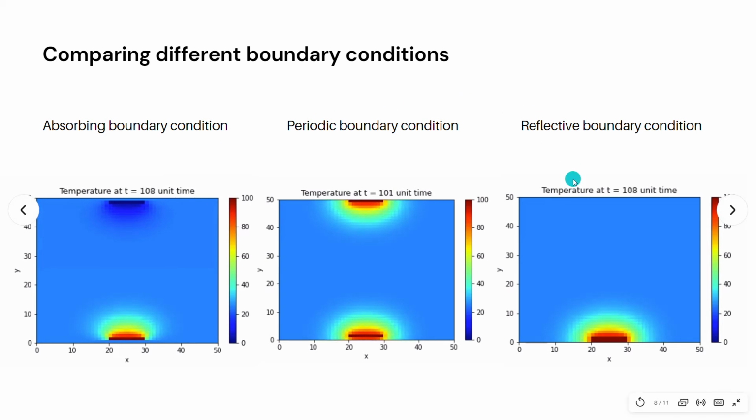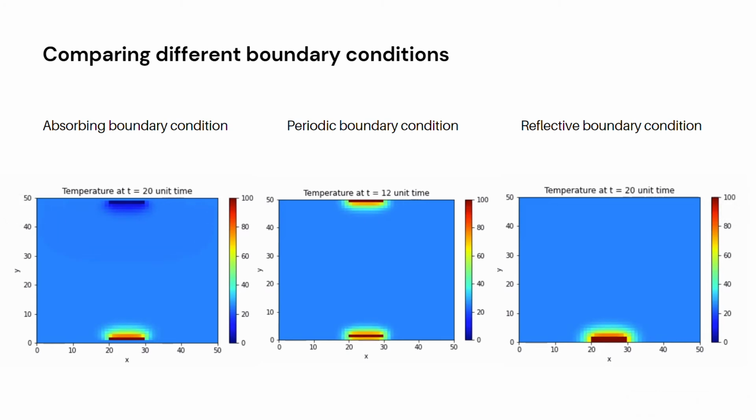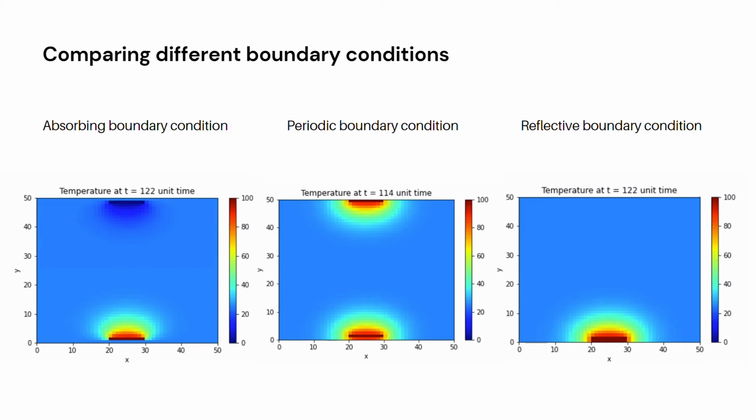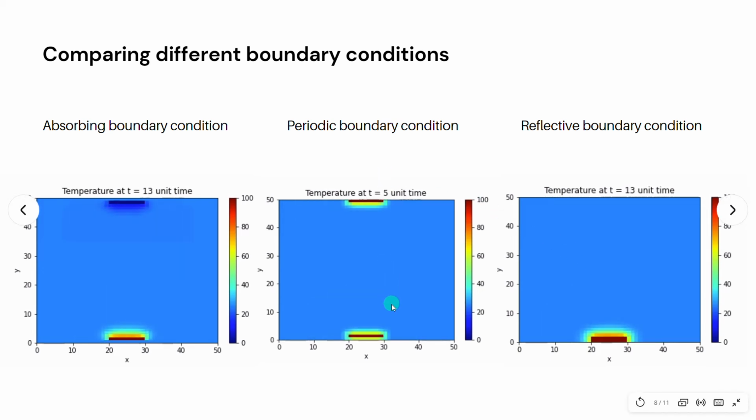Next is the reflective boundary condition. Here we can say that the block is kept somewhere in a closed environment. That is, the temperature of the block will affect the temperature of the atmosphere. Now, for the periodic one, we can just assume that this brick is put one after the other up till infinity.